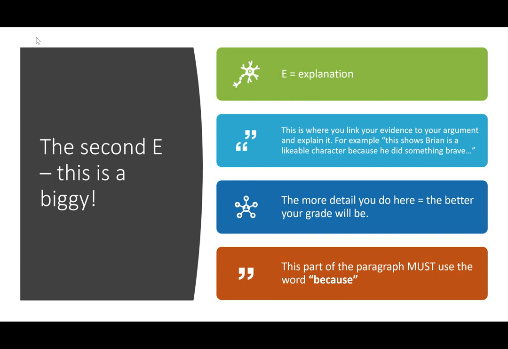If you write one short sentence, yes, you've kind of explained, but you haven't done a great job. If you do 2, 3 sentences, you're definitely going to be getting into the realm of a better answer and a more detailed response. This part of the paragraph has to use the word because, or sometimes you can use the word as. Because means that you're explaining.